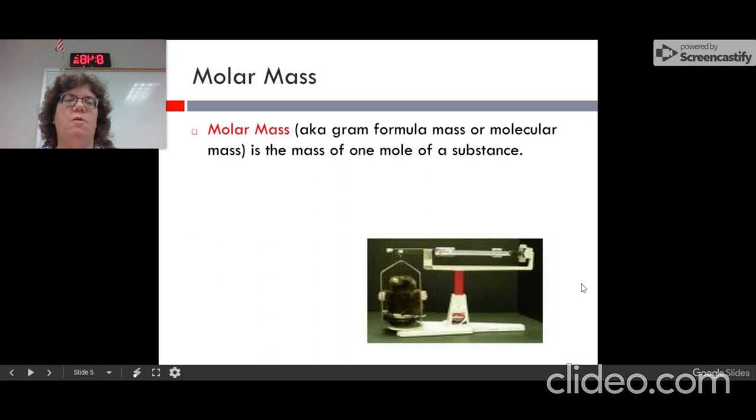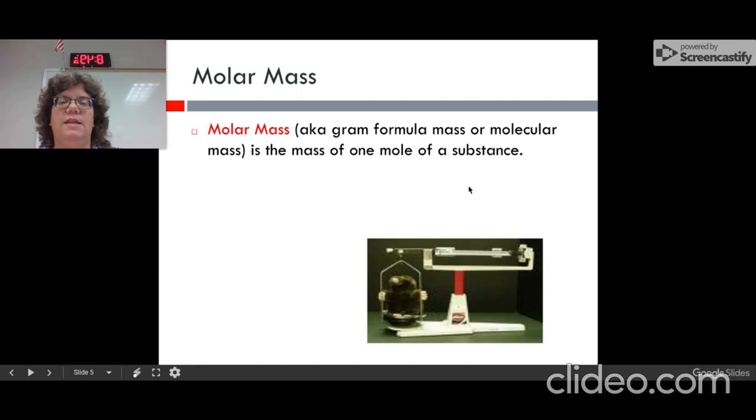So when we talk about molar mass, which you'll sometimes see referred to as gram formula mass or molecular mass, that is how much 1 mole of a substance weighs. So we use this conversion factor to go between different chemicals in a chemical reaction.